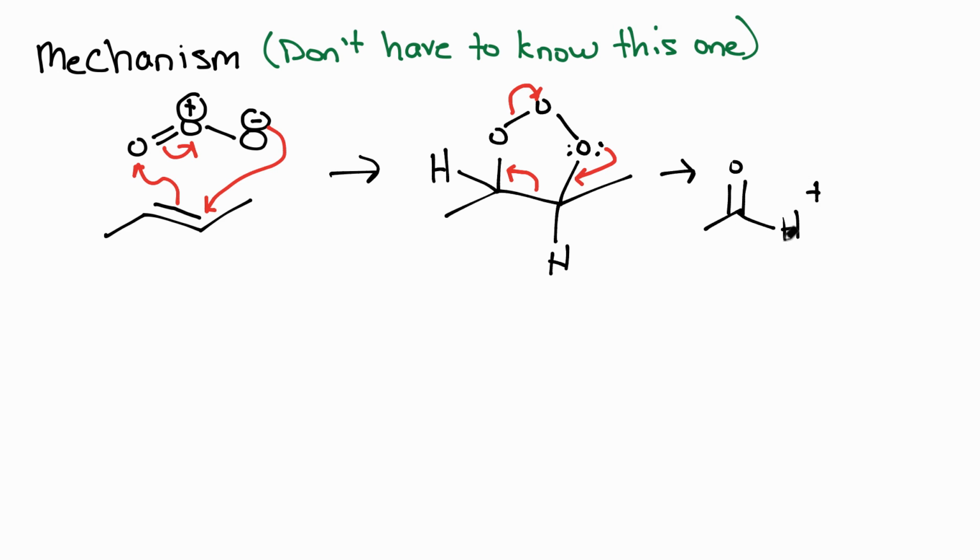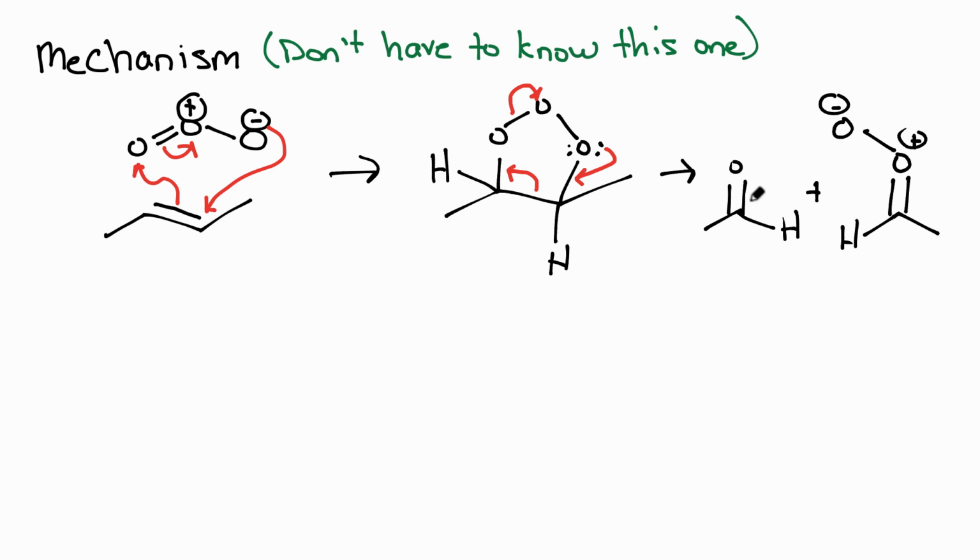Then on my right side, I end up with a double bond to an oxygen because I moved these electrons down, but this is still single bonded to the other oxygen. This oxygen is negative.